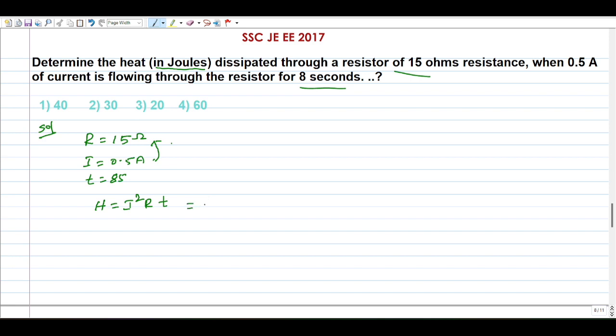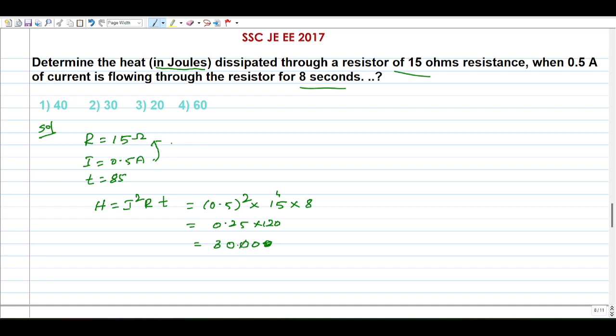I is nothing but the current, so the value of current is 0.5, into resistance 15 ohm, into time 8 seconds. So if we multiply this, we get 0.25 into 120, which gives 3,000.